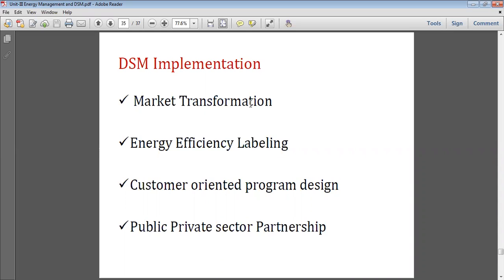So if we are shifting to solar modules or solar pumping systems, definitely it will help in the implementation of demand side management. And our objective of demand side management is to avoid additional generating facilities in the system. Okay, so this is the case where we can implement demand side management.